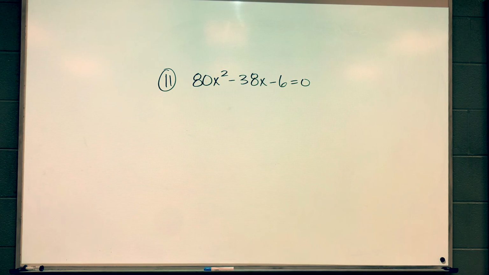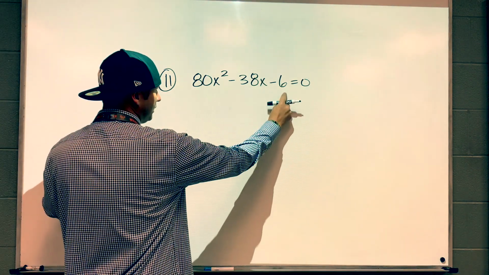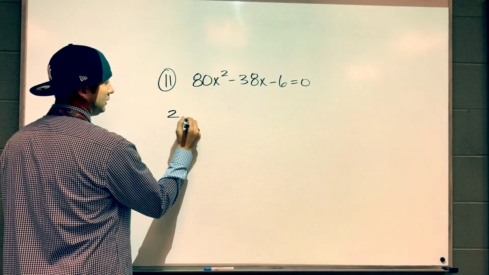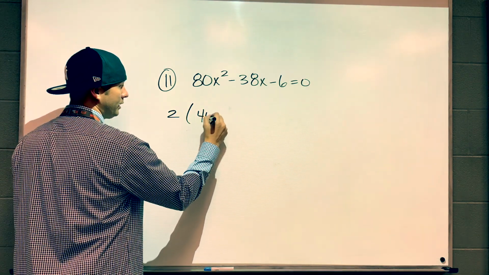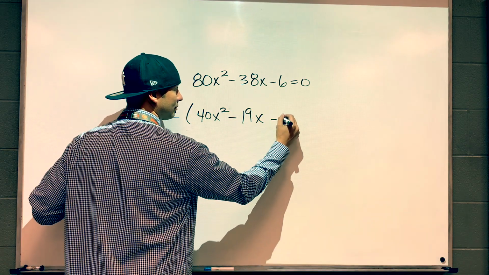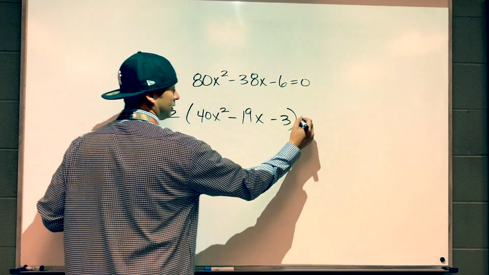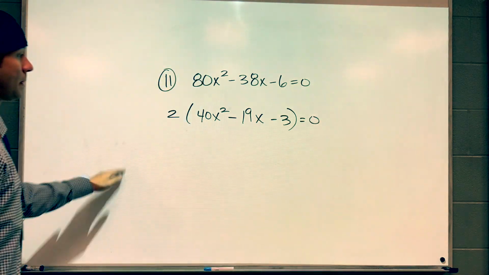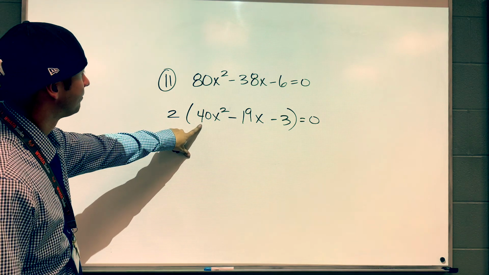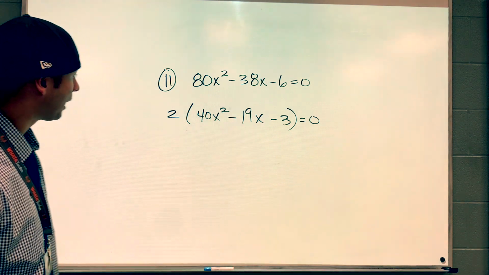All 3 are even numbers, so I can pull out a 2 for sure. So if I pull out a 2, this is going to be 40x squared, 19x, 3. Okay. 19 is a prime number, 3 is prime, can't do anything.